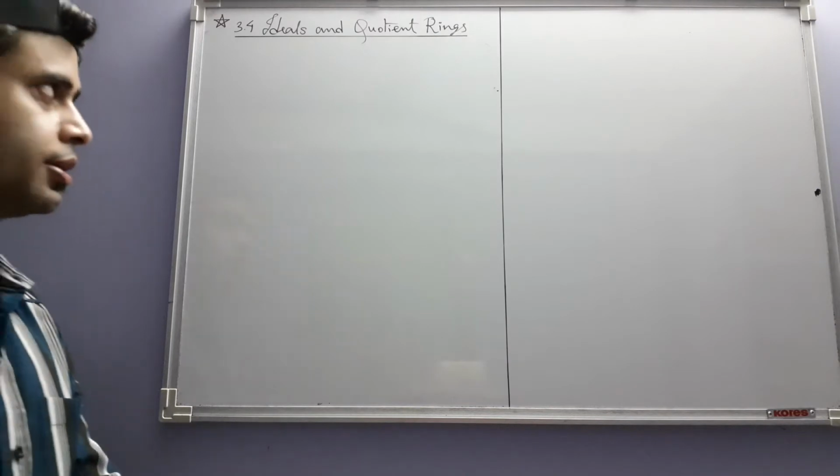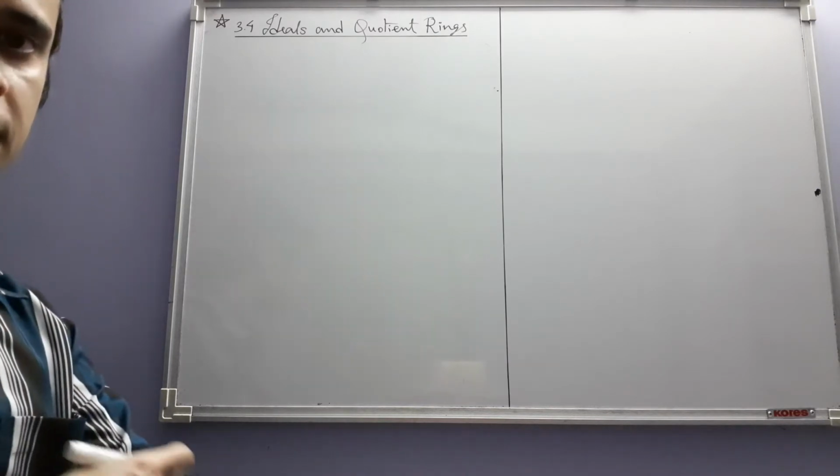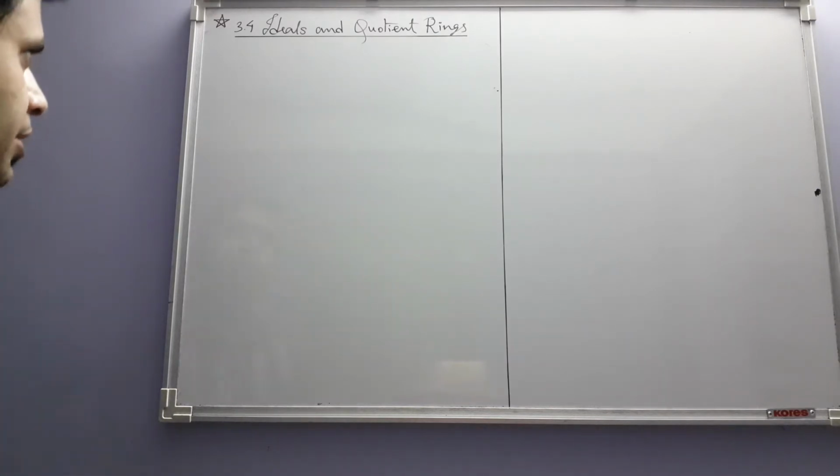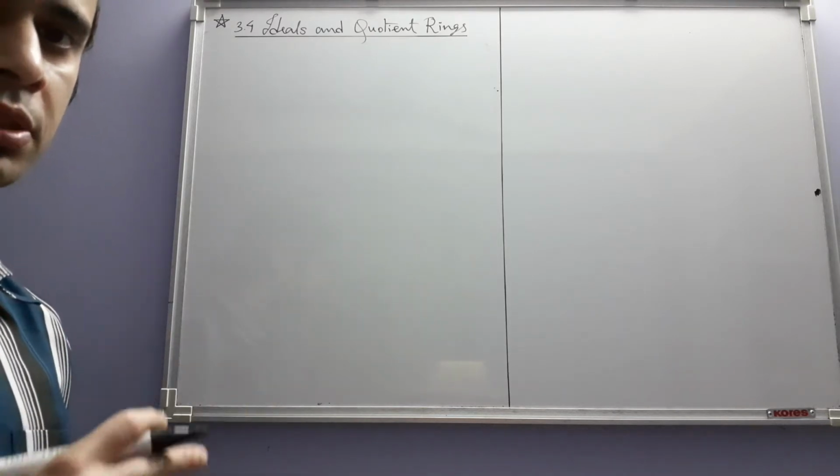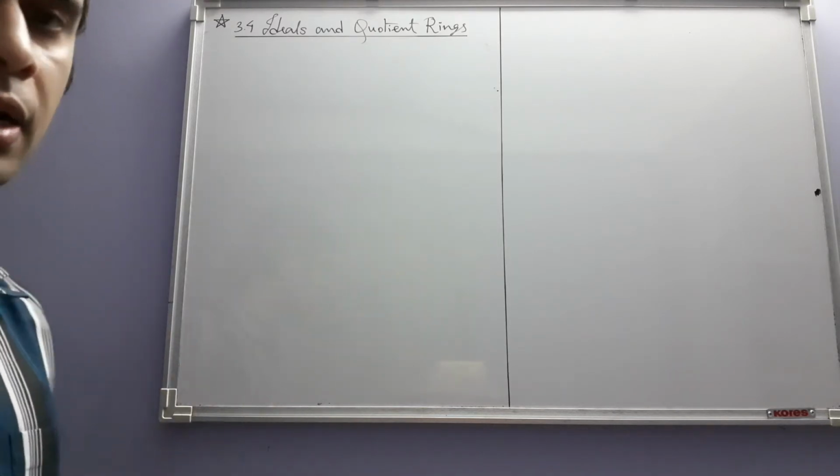Okay, so let us see the fourth section now, ideals and quotient rings. Now we have already come across the idea of homomorphism between two rings and its kernel.